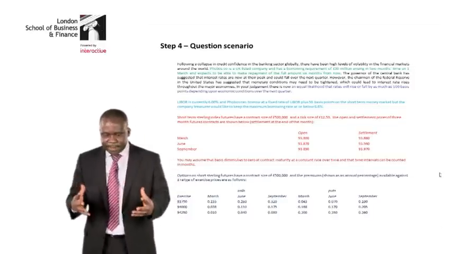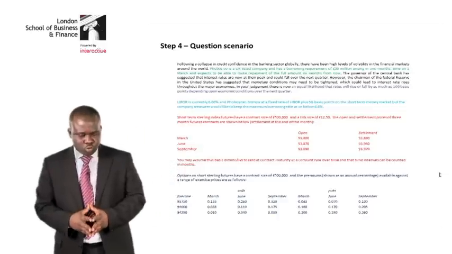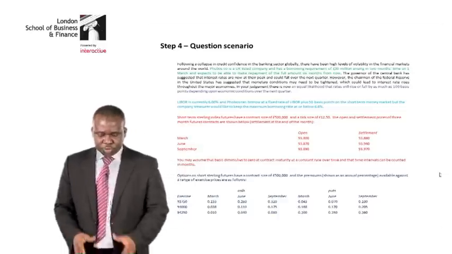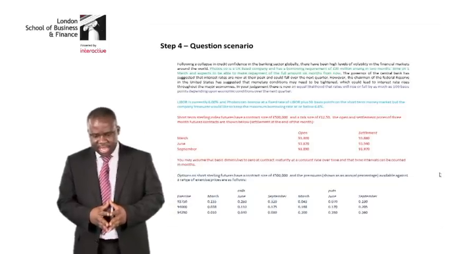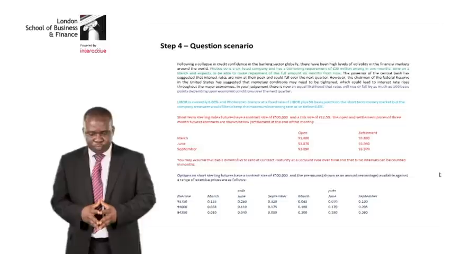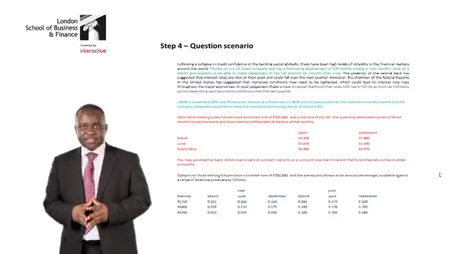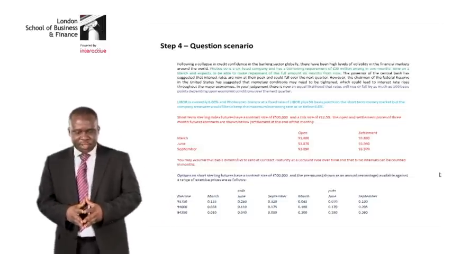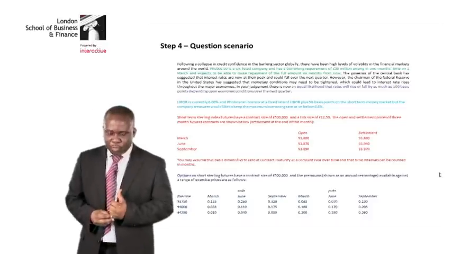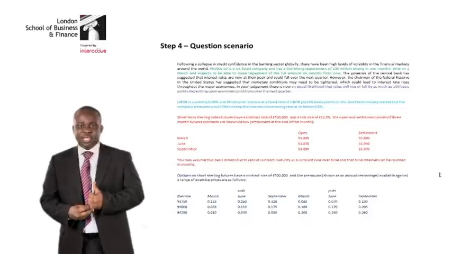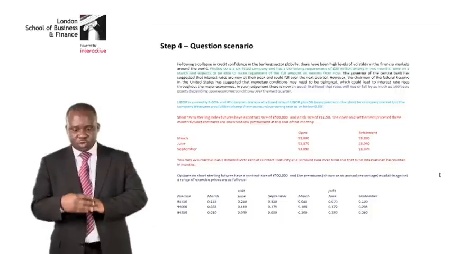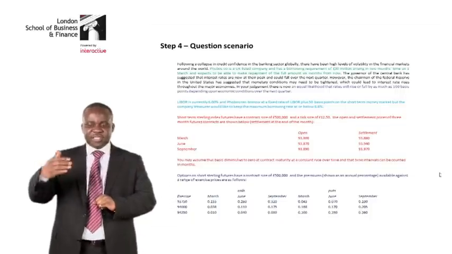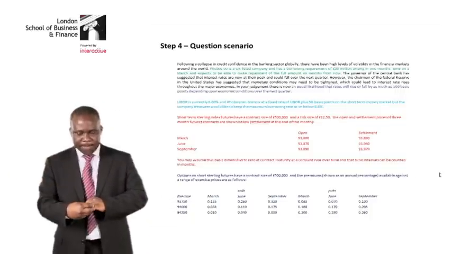Now, another method we would have to use to solve this problem is the futures contract. And futures information is also provided. That's what I've highlighted in red color. We need to pick up certain important things from the futures contract. The question gave us the contract size to be 500,000 because we know futures are supposed to be dealt in a standardized amount.